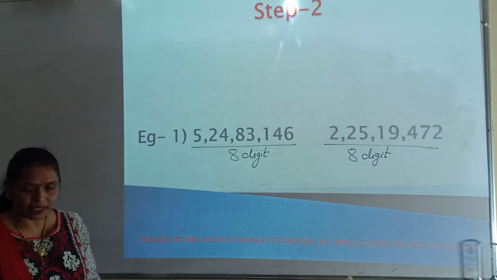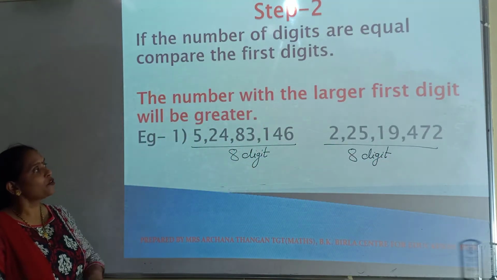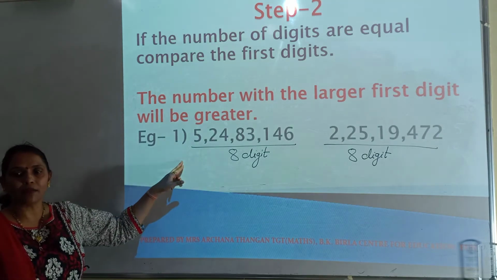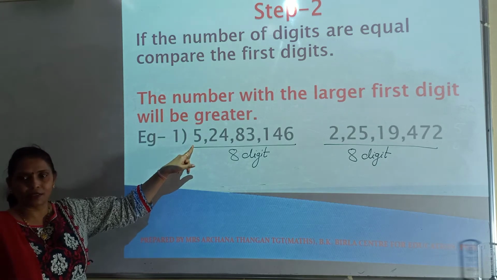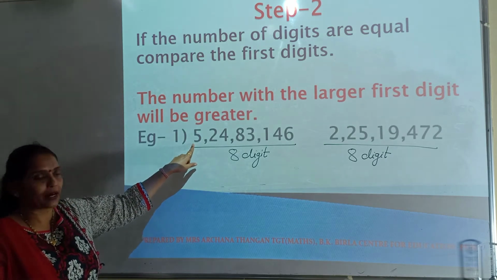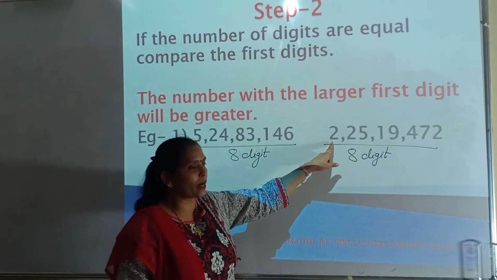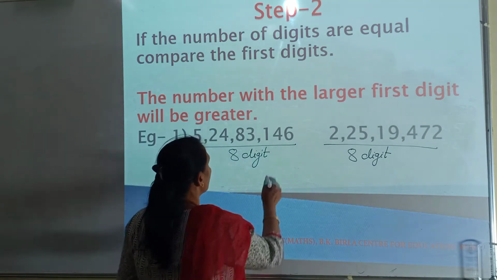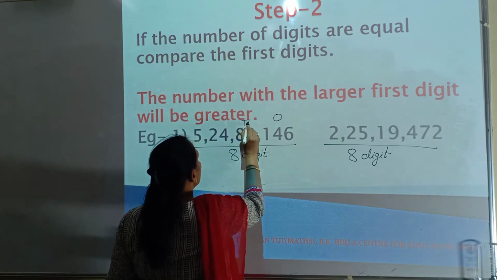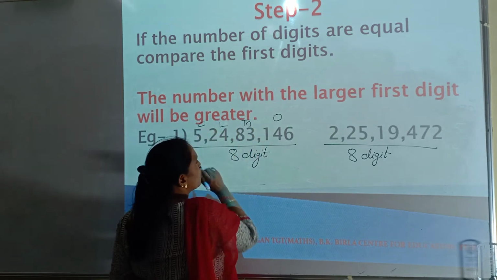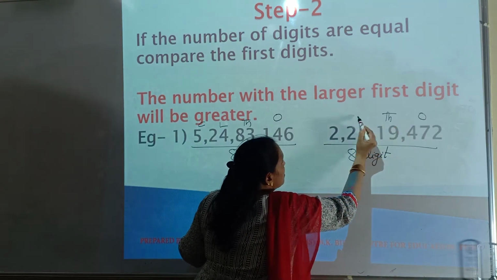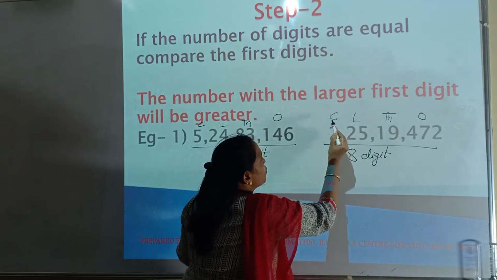In this case, we need to check the first number. When the number of digits are equal, that time we need to check the first number. Here in the crore place, we have a 5 and here in the crore place, this is a 2. You know the places: this is the ones period, thousand period, lakh period, and this is the crore period. This is also the ones period, thousand period, lakh period and crore period.